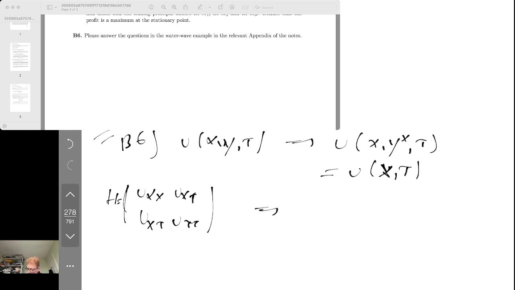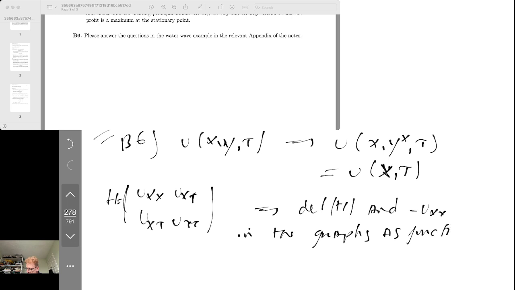You are given the determinant of H and uxx, or minus uxx, in the graphs as a function of a parameter, and then you're supposed to apply the principal minor theorem. So look at LPM1 and LPM2 in order to see whether we are at a maximum, a minimum, or something else.